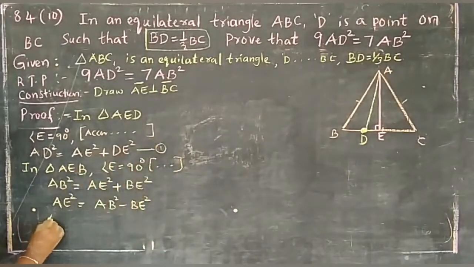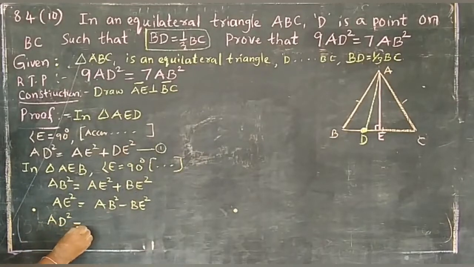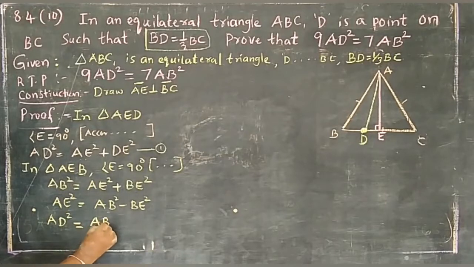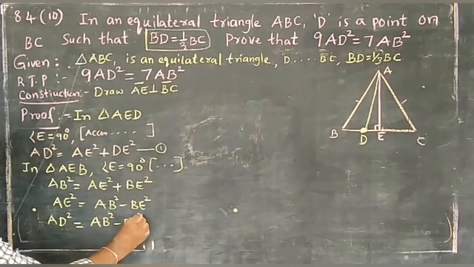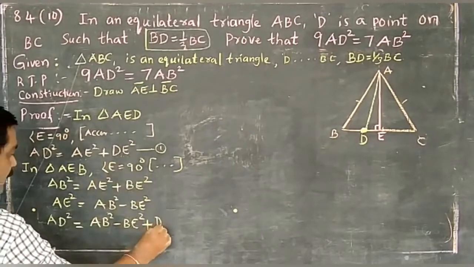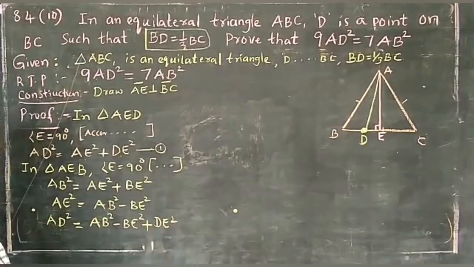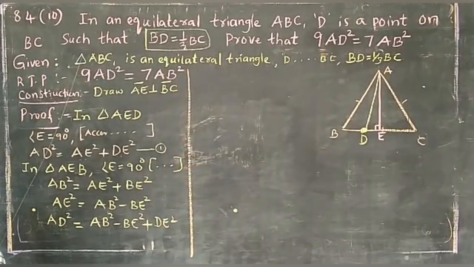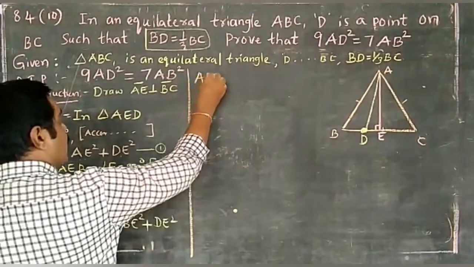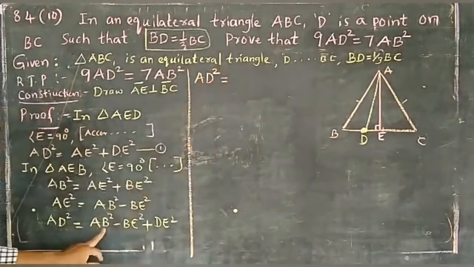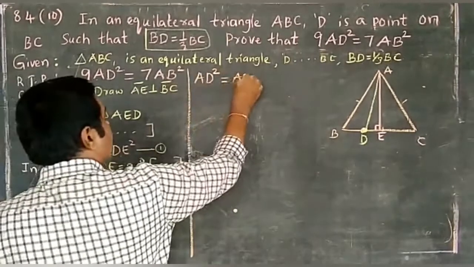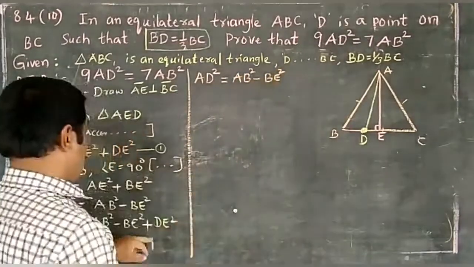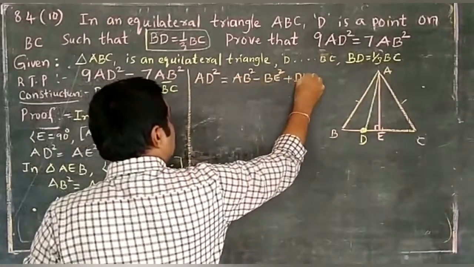Then what do we get? AD square is equal to AB square minus BE square, plus DE square.